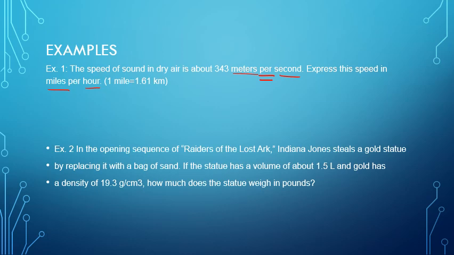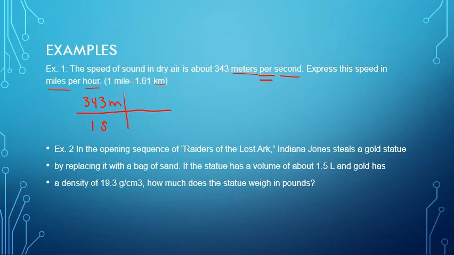So when I set this up, I want to have 343 meters, and then I can have 1 second in the denominator. So we're going to convert each of these different units into the new unit, and it doesn't matter which one we start with. So I'm just going to start, since I had the miles and the 1.61 kilometers, I'm going to go ahead and start with that.